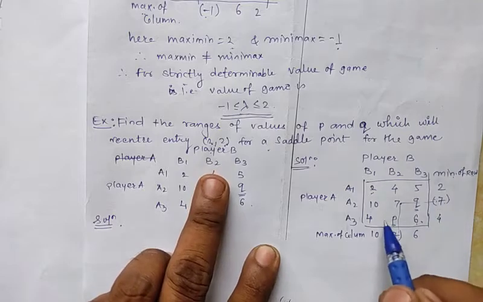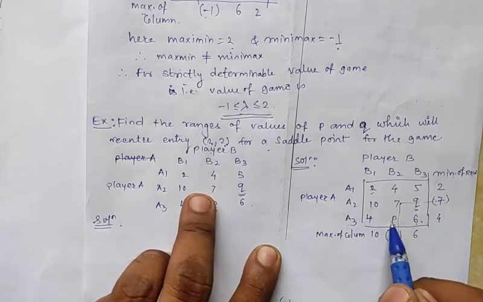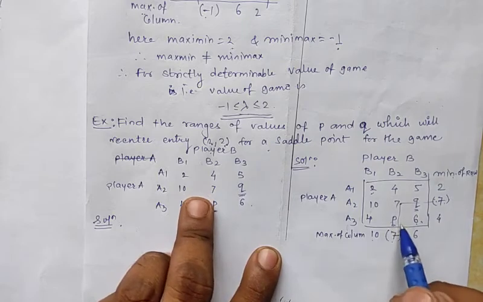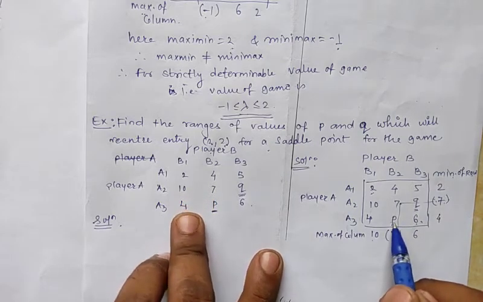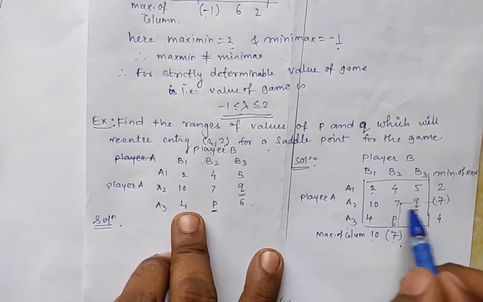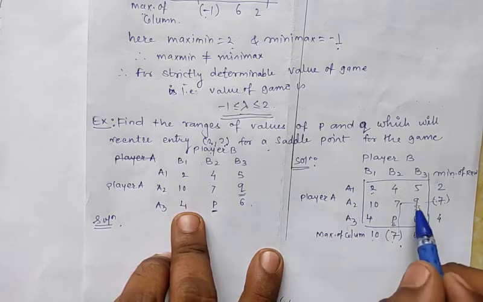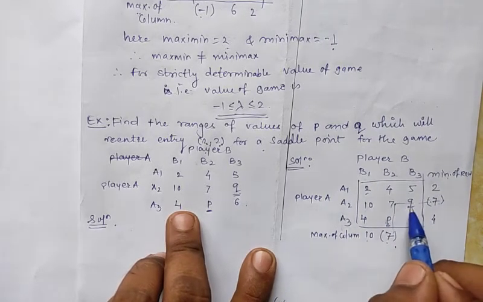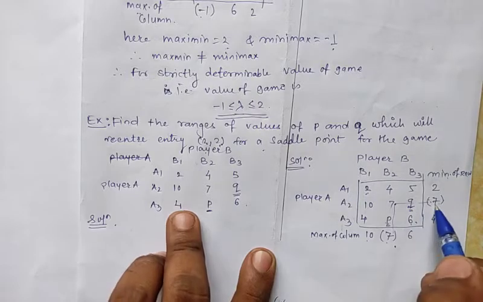For P, we find out maximum of column, so value of P is always less than equal to 7. For Q, we have to find out minimum of row, so value of Q is always greater than equal to 7.